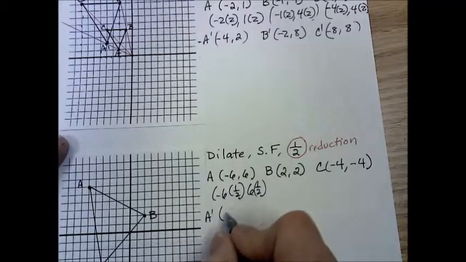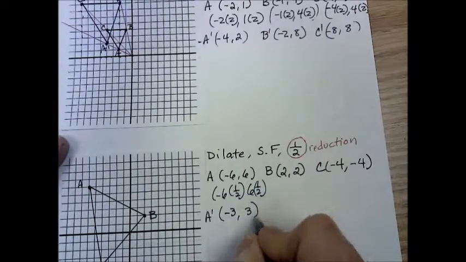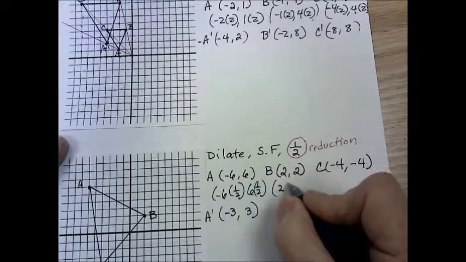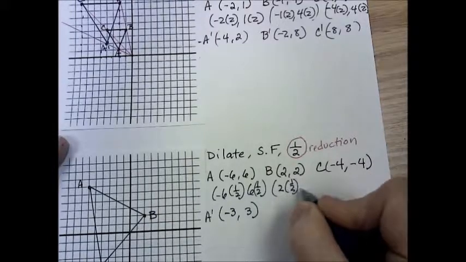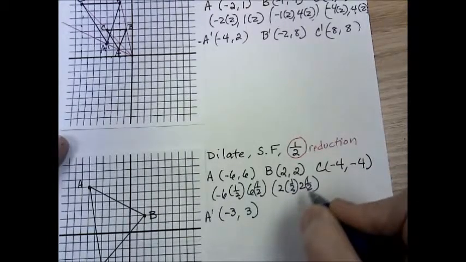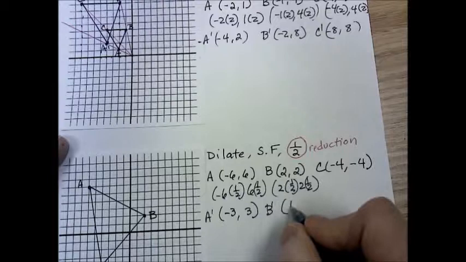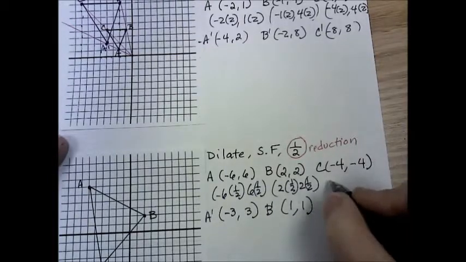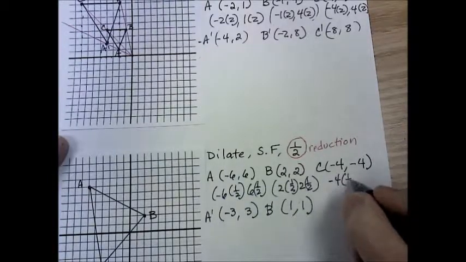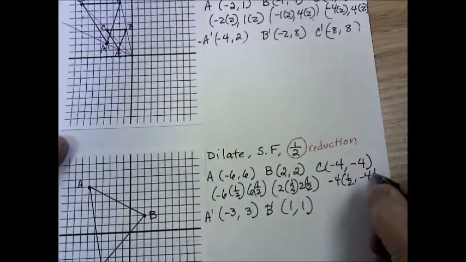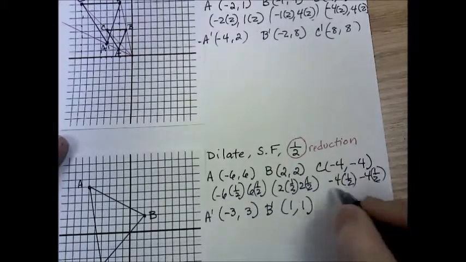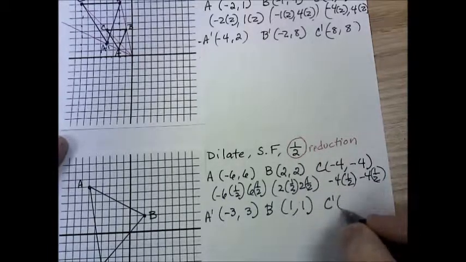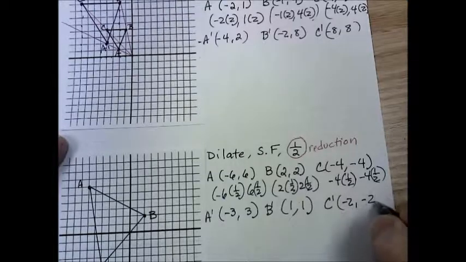So A prime is going to be -3, +3. Here we're going to have 2 times 1/2 and 2 times 1/2. So B prime is going to be 1, 1. And here we have -4 times 1/2, -4 times 1/2. So now C prime is going to be -2, -2.